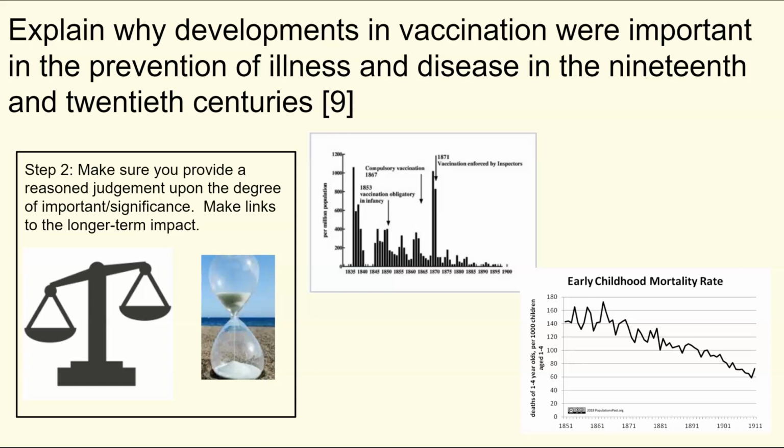So you can say that the early introduction, 1853 and 1867, the follow-up, they're limited in their importance for the prevention. It wasn't until 1871, when it's enforced by inspectors, that we begin to see a drastic decline down to almost zero cases in England.